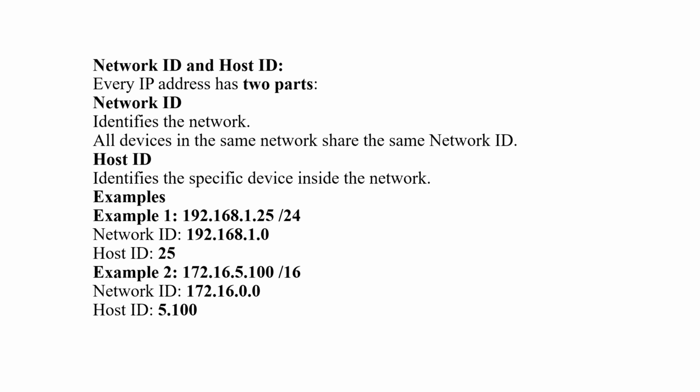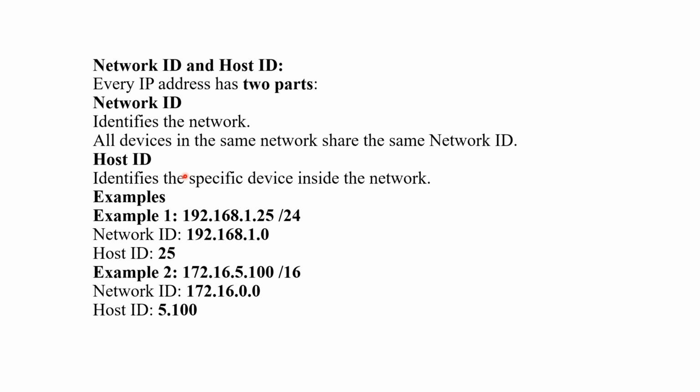Now, what is a network ID and what is a host ID? Every IP address has 2 parts, one NetID and the other HostID. Now, what is a network ID? A network ID identifies the network.